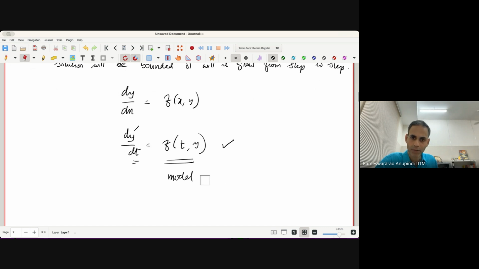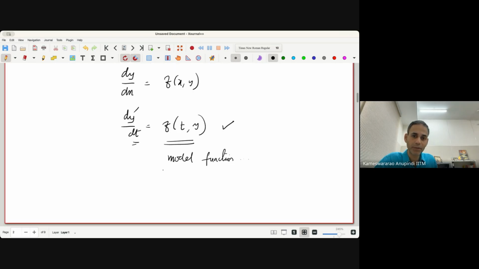And then we need to have some kind of a model function with which we can decide on the stability of the scheme.